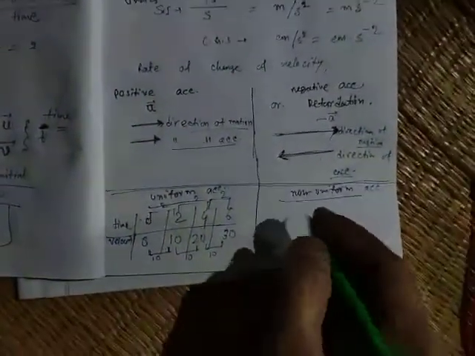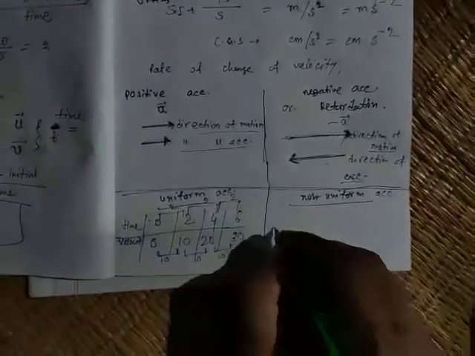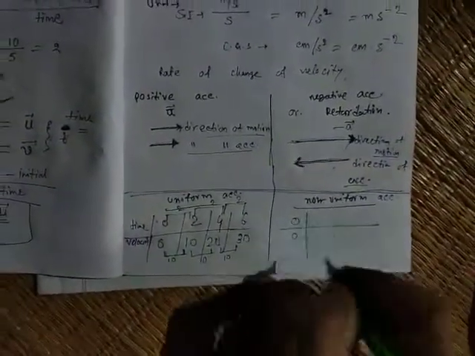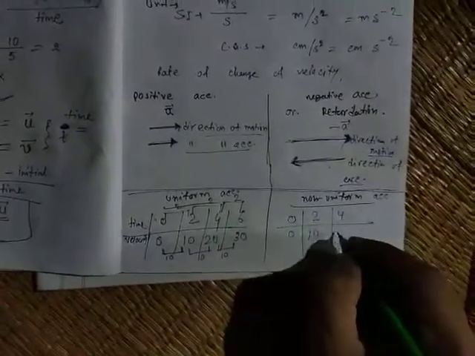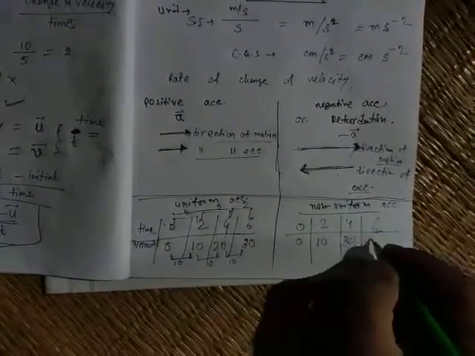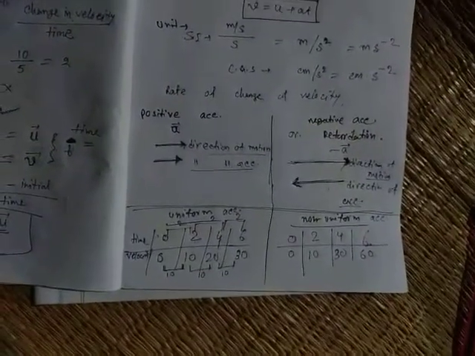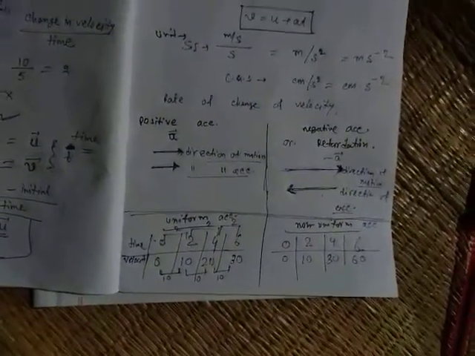Achha. Non-uniform acceleration. Listen to the definition carefully first. If the velocity of an object changes by unequal amounts in equal intervals of time. See, time 0, velocity 0. Time 2, velocity 10. Time 4, velocity 30. Time 6, velocity 60. Here velocity is increasing, but in a non-uniform manner.